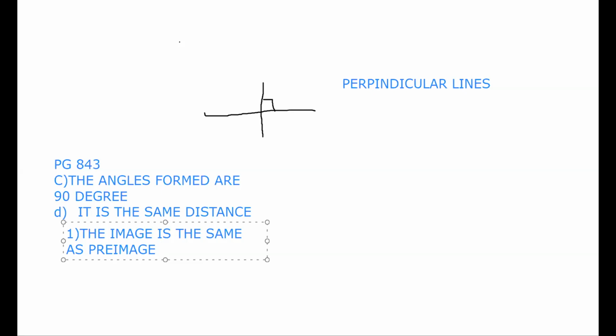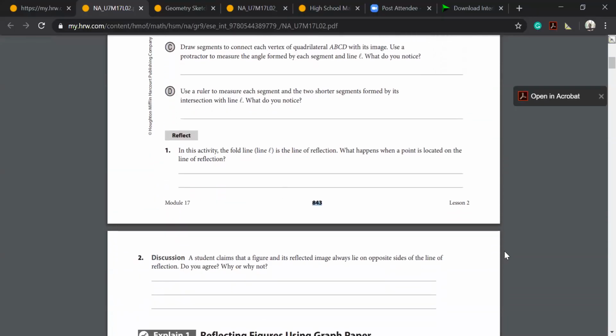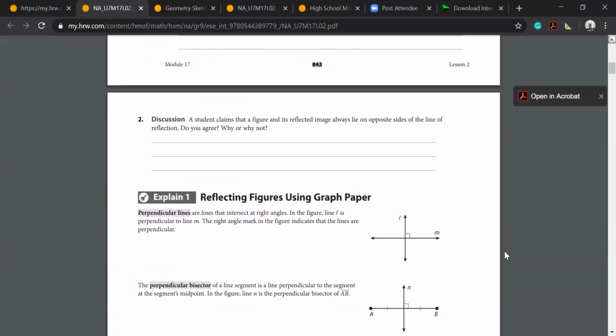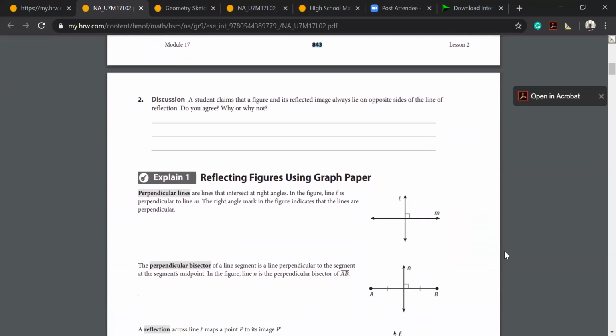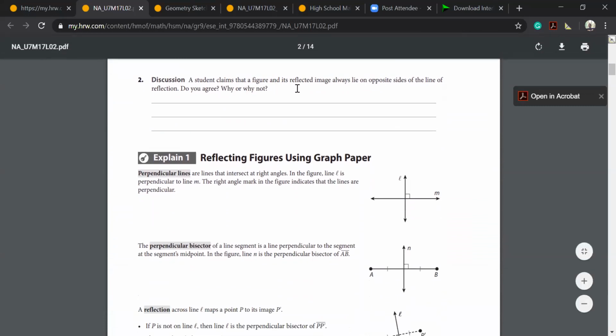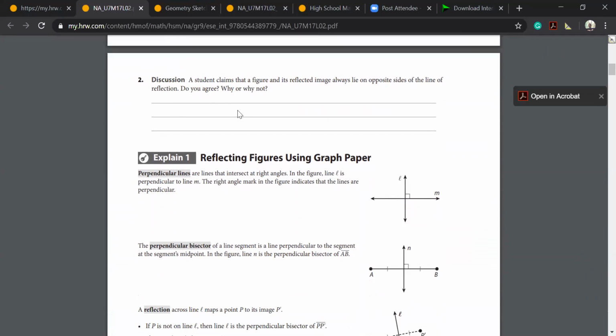Let's go going to page 844. A student claims that a figure and its reflected image always lie on opposite sides of the line of reflection. Do you agree? No, I don't agree. Why? Because sometimes when the point is already on the line of reflection, its reflection will be the same. It will not go to the other side.